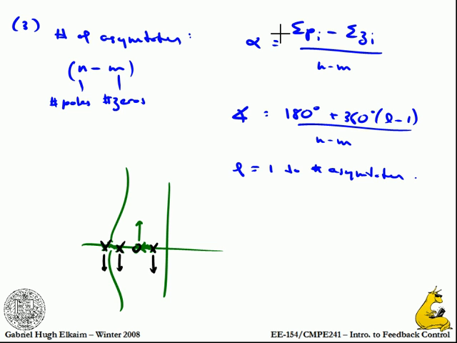So in this case, let's say this is minus 1, minus 2, minus 3, minus 4. So what do I have? The sum of the poles is minus 1 plus 2 plus 3 plus 4 plus 5, so I've got minus 8, minus 2.